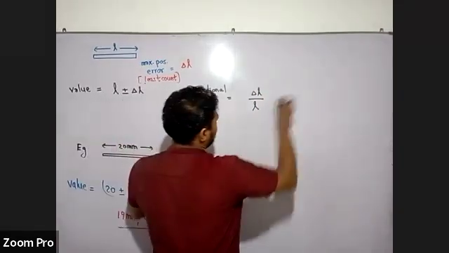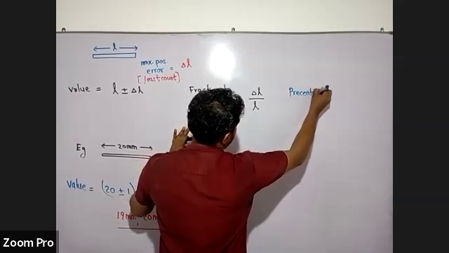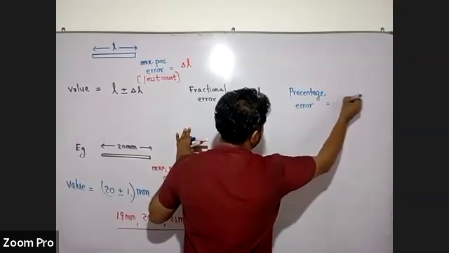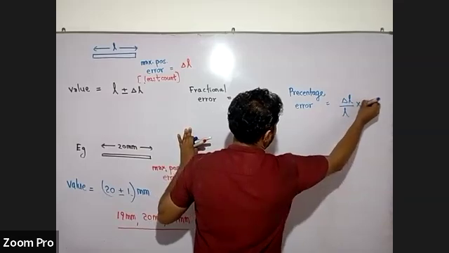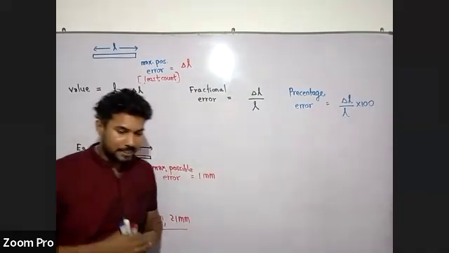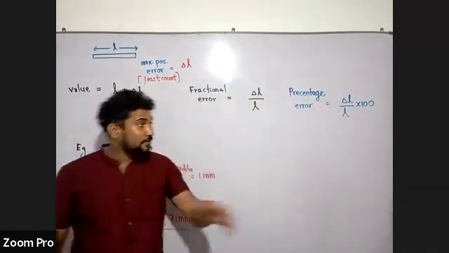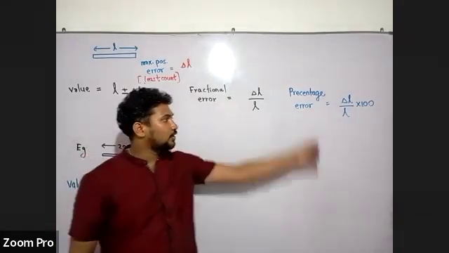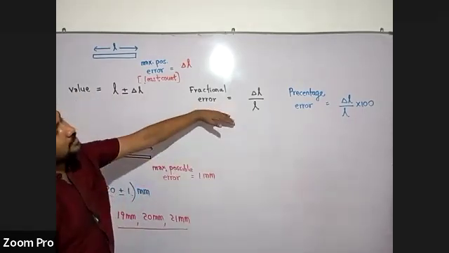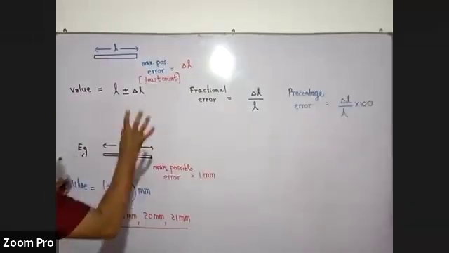The percentage error can be expressed as delta L over L into 100. That's it. That is the way that we express the fractional error and the percentage error. Guys, you have to be familiar with this kind of expressions, right? Because normally these are very likely to come up in the exams, right? Okay.